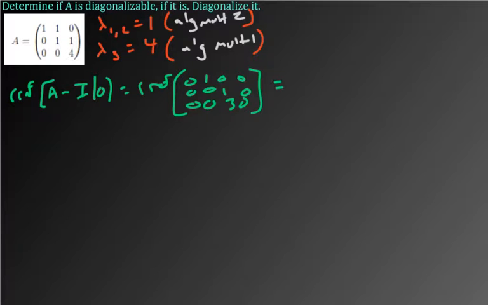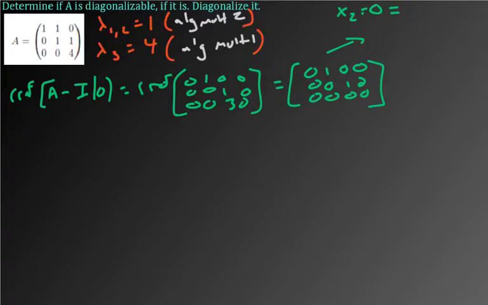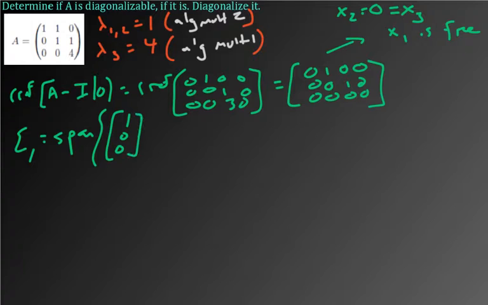And if you do that out, you're going to get 0, 1, 0, 0, 0, 0, 1, 0, 0, 0, 0, 0. And so this is saying that x2 equals 0, which also x3 equals, but x1 is free. And so the eigenspace here for lambda equals 1 is the span of the vector 1, 0, 0.